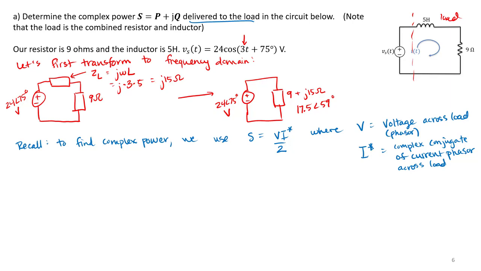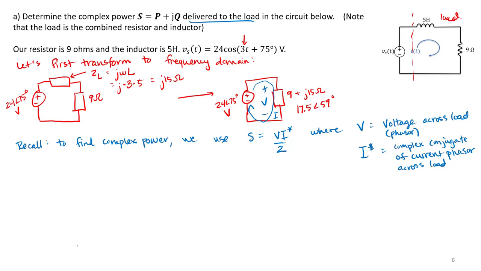All right, so in this case, we need to find our voltage V and our current I passing through our load in order to find complex power. Well, how would we find our current I?